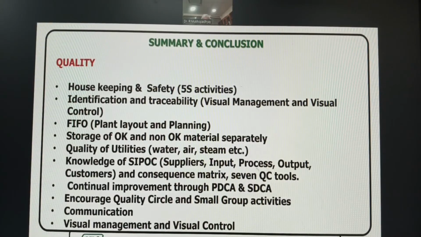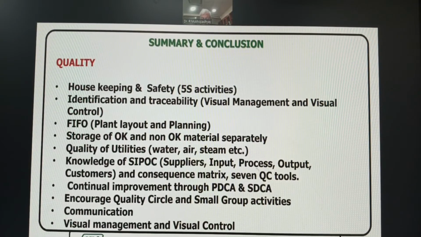Now, the question is, in summary, I can tell you quality. One is the quality. There are different methods to look into: housekeeping and safety, very, very important, in the 5S activities. Identification, traceability, visual management and visual control, especially the identification of the compound, which is very difficult if you do not identify it properly. Third is the FIFO, plant layout and planning, along with the storage, okay and non-okay material to be separate.